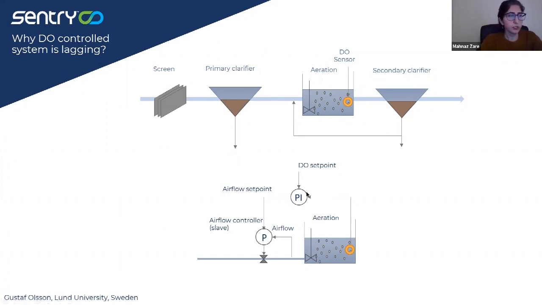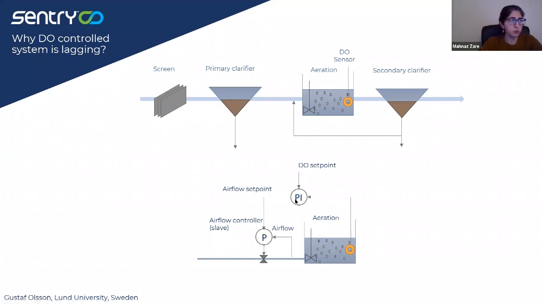The DO controller, or the PI controller, calculates the airflow based on the difference between the DO set point and the measurements received from the DO sensors. The output from the PI controller is a set point for the airflow controller, or the slave, which compares the airflow set point with the actual airflow and adjusts the basin or zone airflow valves accordingly.